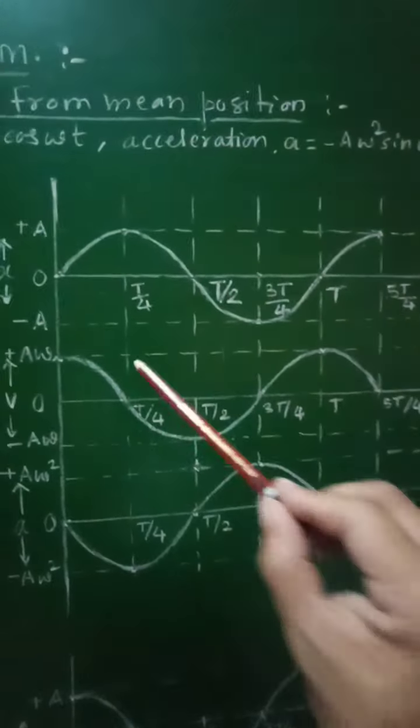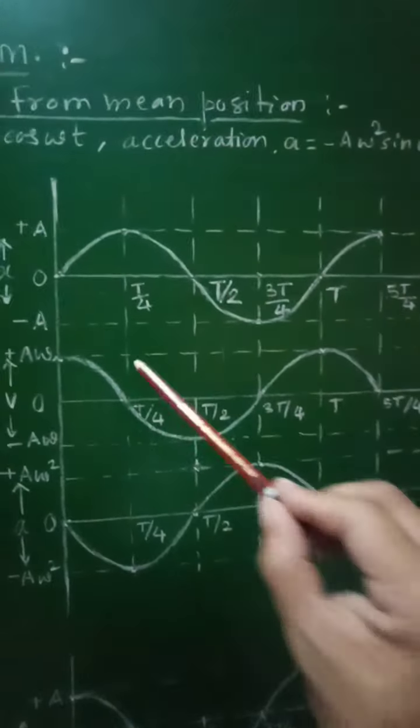Again, consider the third equation, that is acceleration a is equal to minus a omega square sin omega t, and then find the values of acceleration a for the respective values of omega t. Again, from this equation, for the first value of omega t, that is 0, we will get a is equal to minus a omega square into sin 0. Sin 0 is 0, therefore acceleration a will be equal to 0.